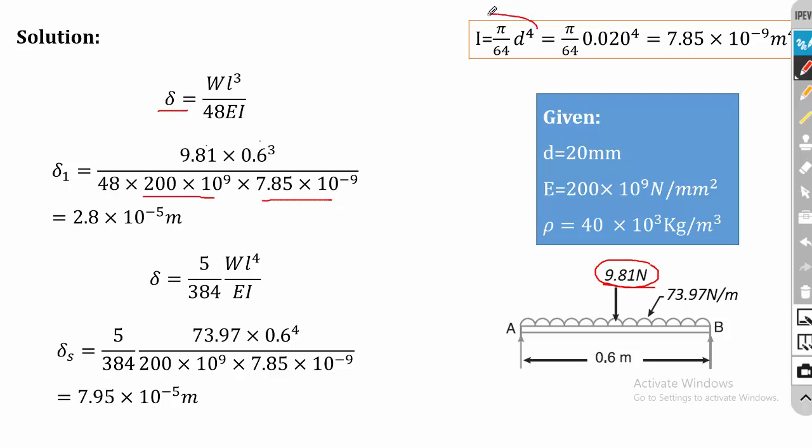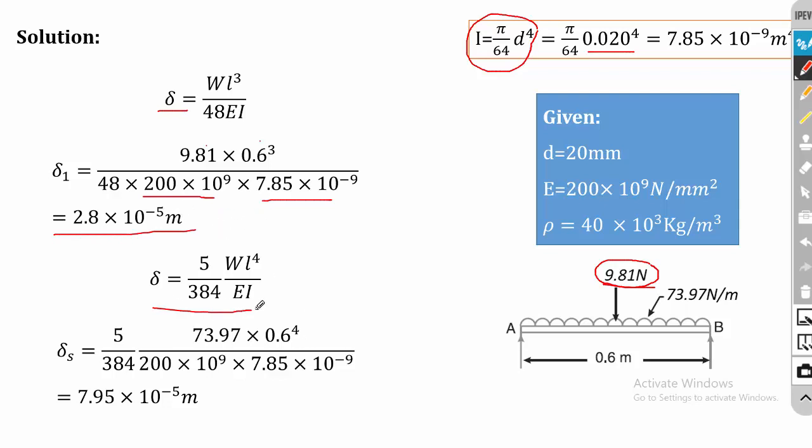Here it is a solid shaft, so I is equal to pi by 64 d power 4, d is 0.02, and the I value is 7.85 into 10 power minus 9 meter power 4. So after solving this, you will get del 1 is equal to 2.8 into 10 power minus 5 meter.